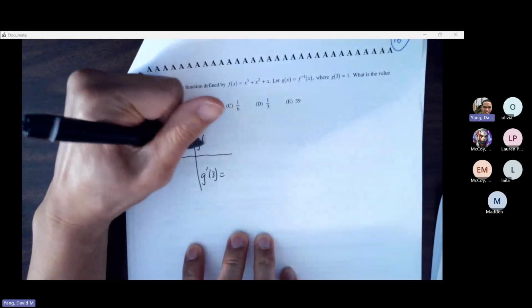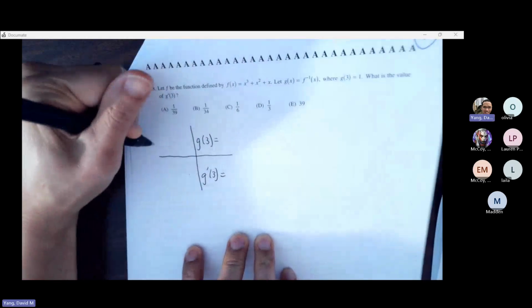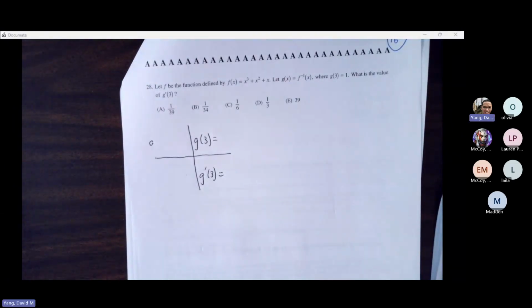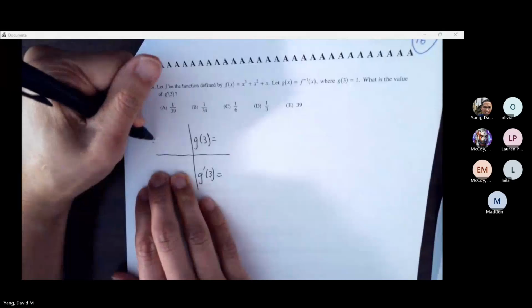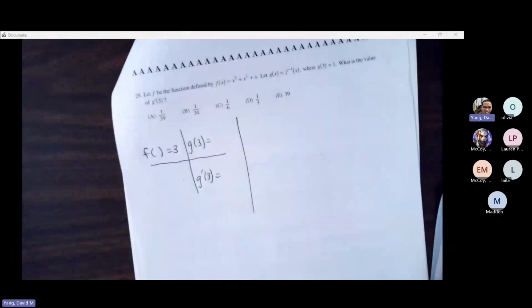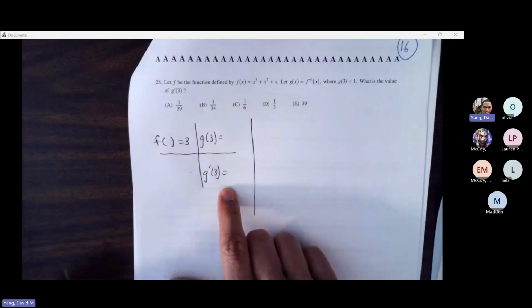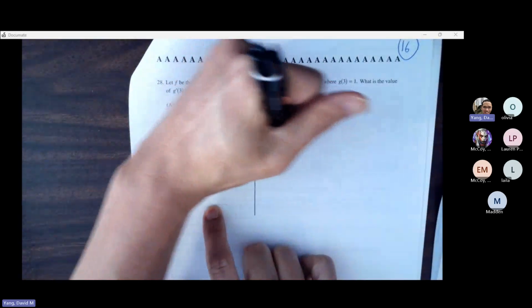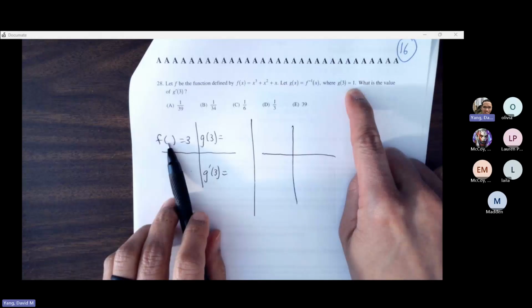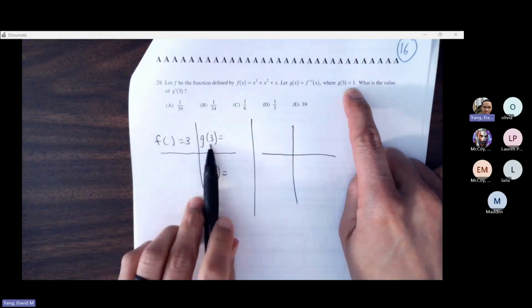I know that 3 is the x value of my g function, which must mean that 3 is the y value of my f function. So now we can just put all this into our function here. Oh, they do tell us that g of 3 equals 1. So g of 3 equals 1.